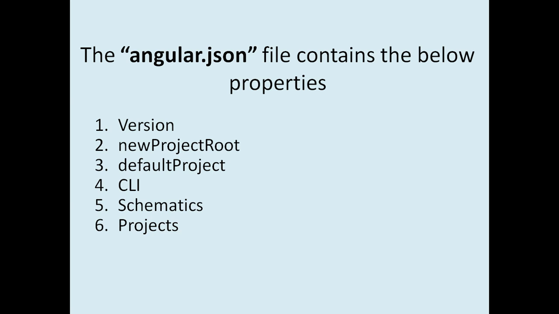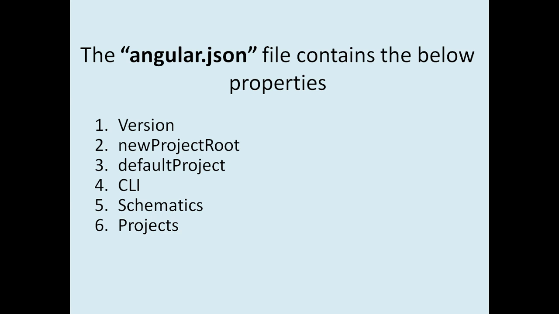The angular.json file contains the below properties. Version, which is an integer file format version. Next, new project root, which is a string path where new projects will be created. Third one is default project, the default project name used in commands. Fourth one is CLI, the workspace configuration options for Angular CLI, and it contains default collection, package manager, warnings and so on.